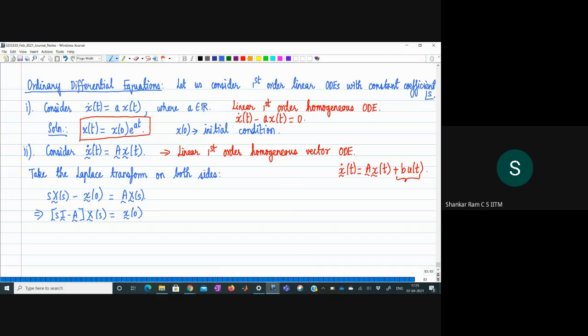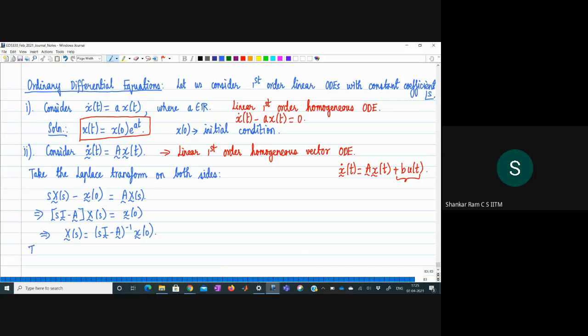If we take the inverse of (sI minus A), X of s will be (sI minus A) inverse times x0.